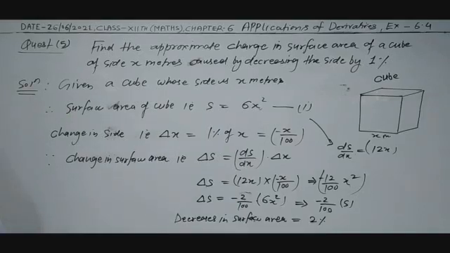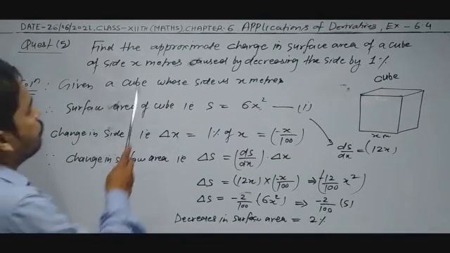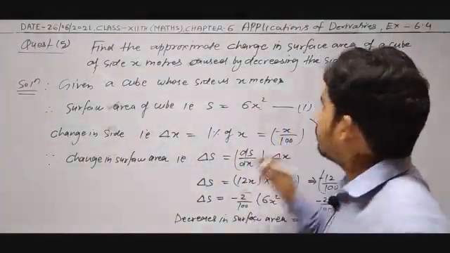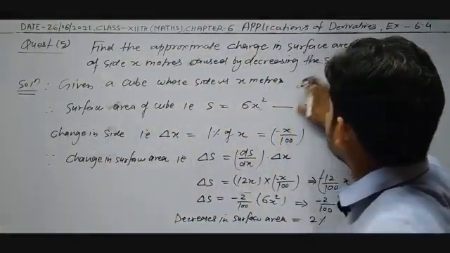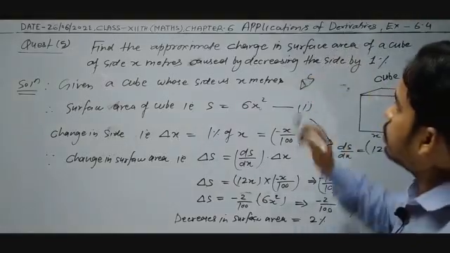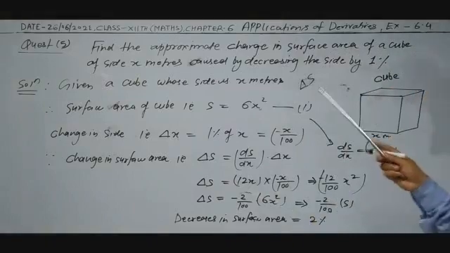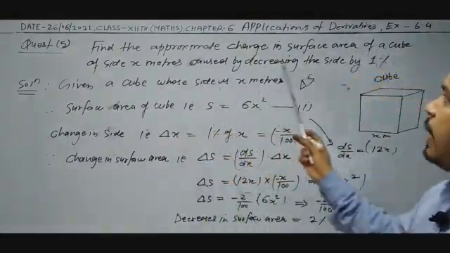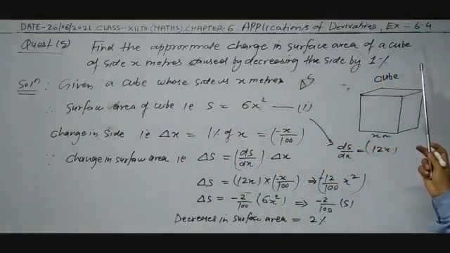Now see again, in this question we have to find the approximate change in surface area, and change in surface area is del S, of a cube of side x meter caused by decreasing the side 1%.